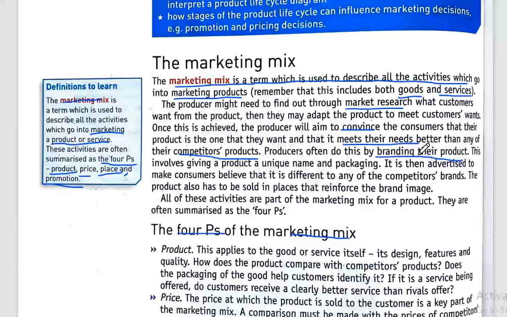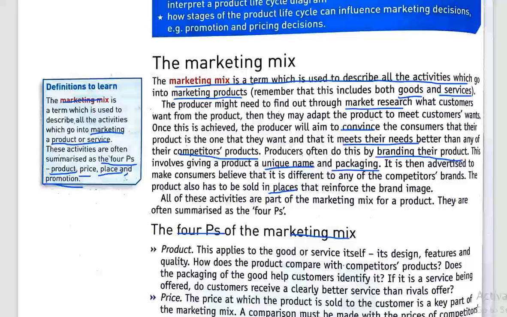Branding involves giving the product a unique name or brand, and also the right package. It is then advertised to make consumers believe that it is different from competitors' brands. The product also has to be sold in places that reinforce the brand image I chose for my product.